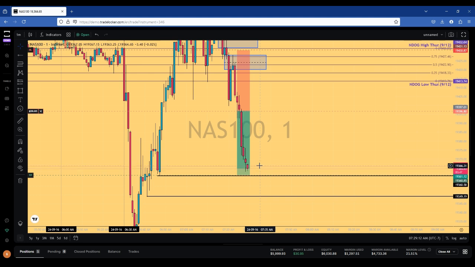Be real close to it now. Let's see what it's trying to do. Starting to reverse back up now. We have a fair value gap right here. A lot of displacement that formed.